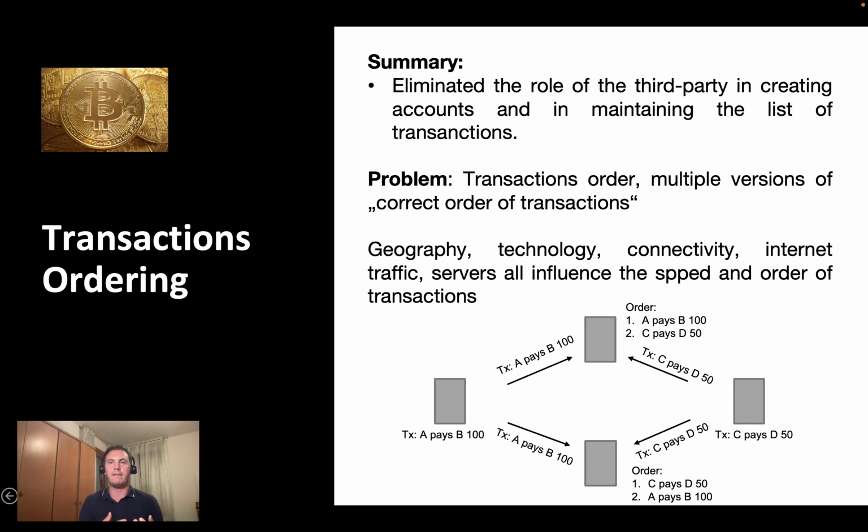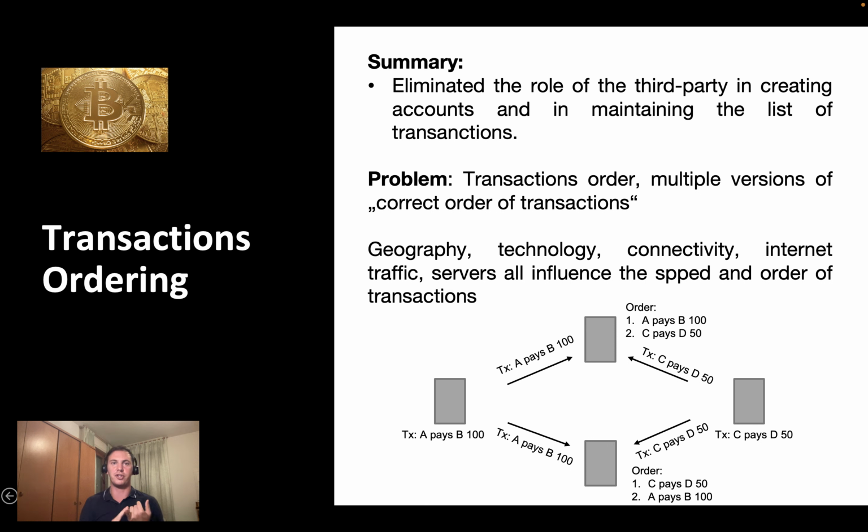Every bookkeeper will have a different idea of the order of transactions. Given that there could be hundreds of transactions being created anywhere in the world, and given that it takes some time for this to fully propagate across the network, if every bookkeeper tried to put these transactions in order, there will be many conflicting versions of the correct order of transactions, as you can see in the picture.